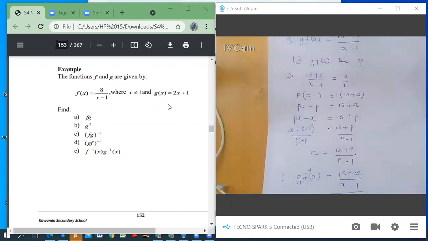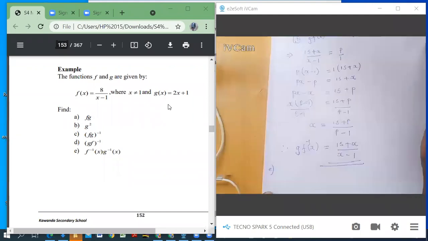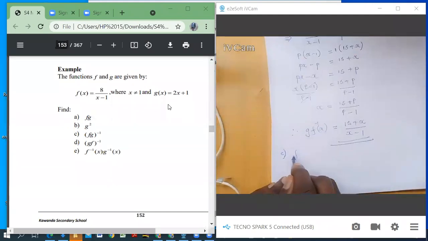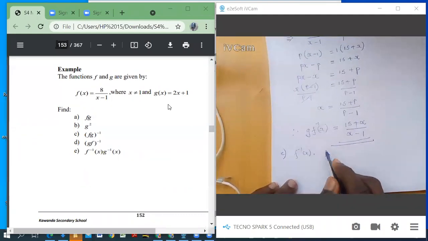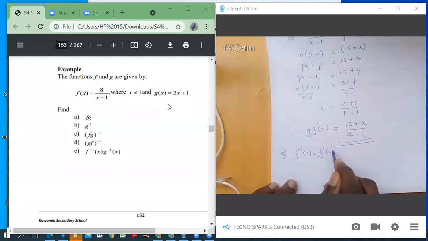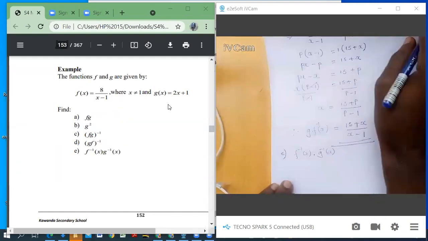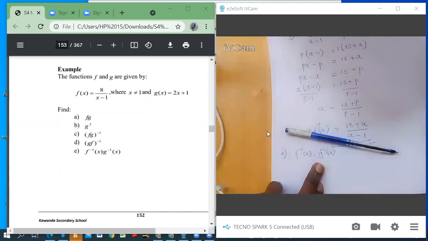E, they want us to find f inverse of x times g inverse of x. Are you seeing that? So what are we going to do now?